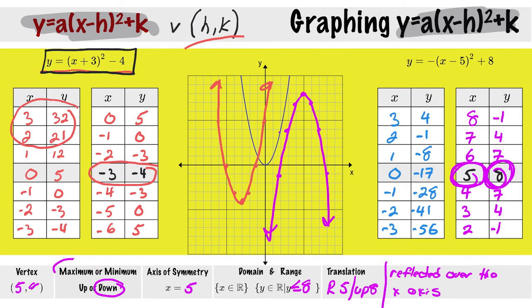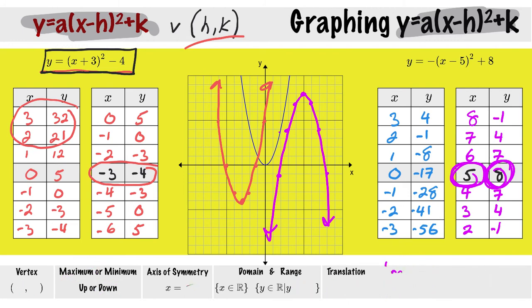Erasing this now to describe my orange parabola. The vertex is negative 3, negative 4. This one opens up, so the vertex is the smallest value. The axis of symmetry is x equals negative 3.